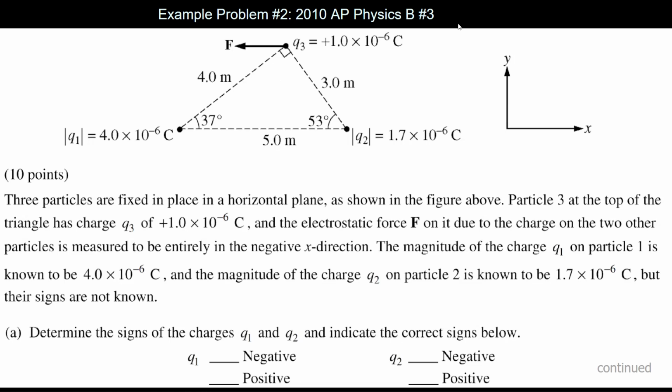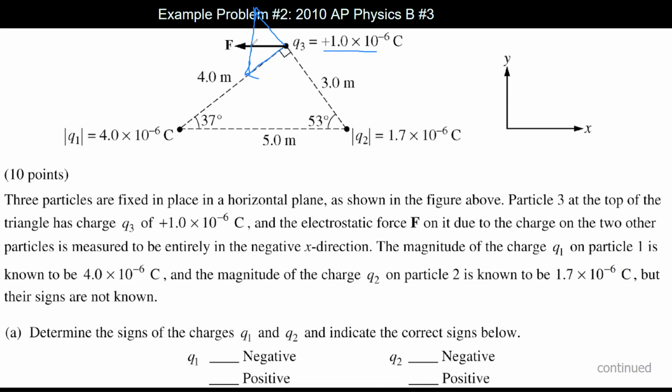So how you do this is you look at Q3 and then you start saying how could you get that kind of result from adding vectors from sides that are the same as that of the triangle. We know Q3 is a positive charge, and this is the general kind of force you need to get the net force to turn left.